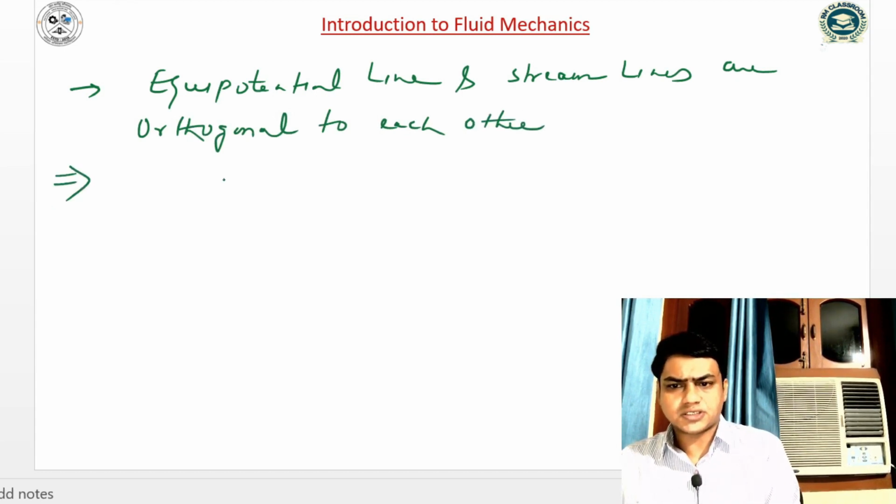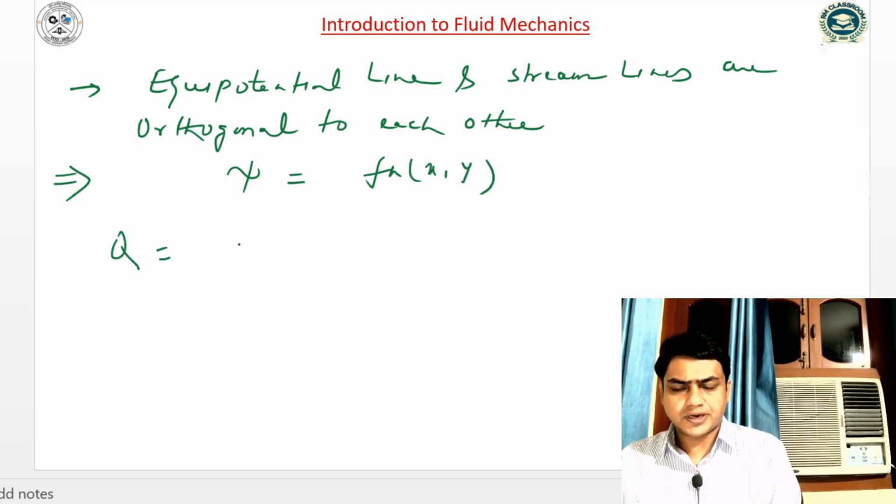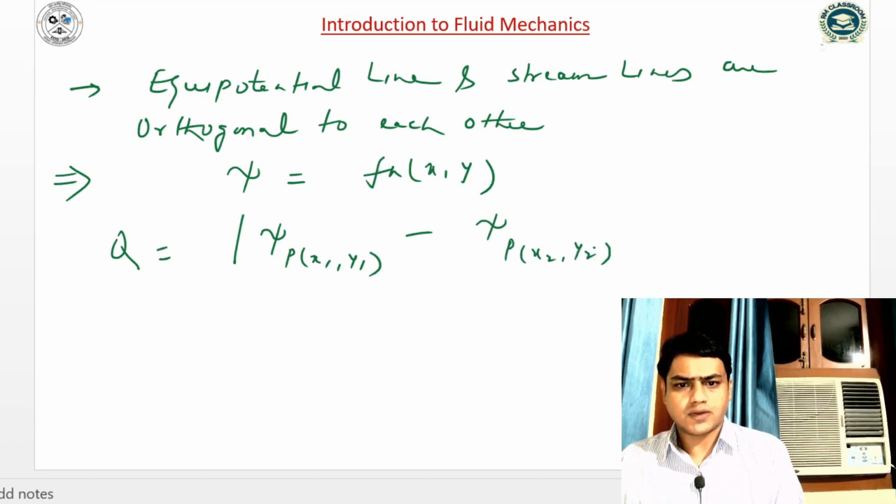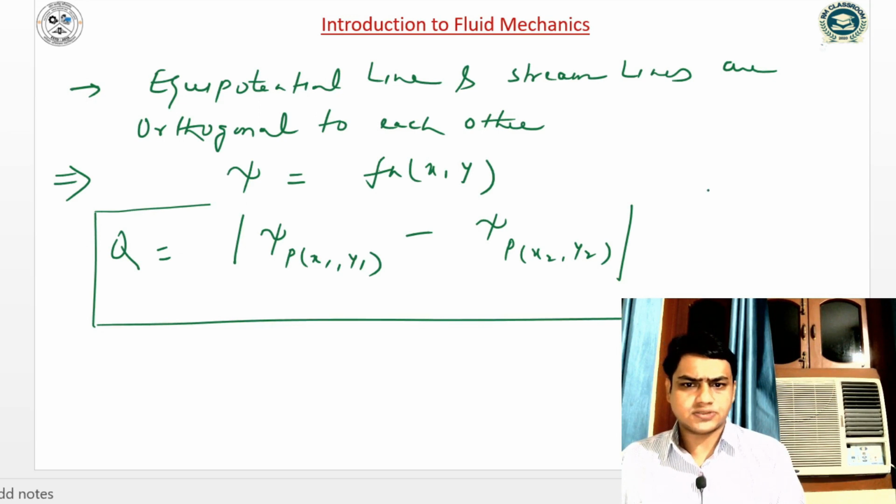After that, I have discussed, if the stream function is given, let us assume psi is given, that is a function of x, y. So the discharge can be computed at 2 points that are given. The magnitude of psi at point x1 y1 minus psi at point x2 y2 will give the value of discharge.